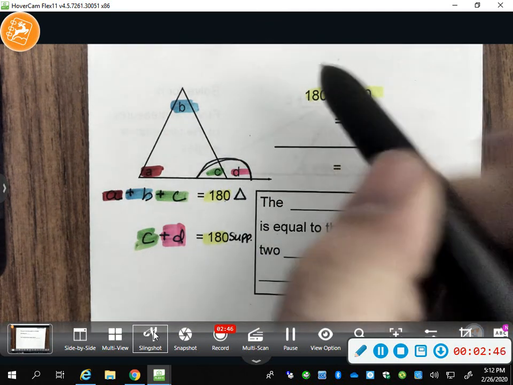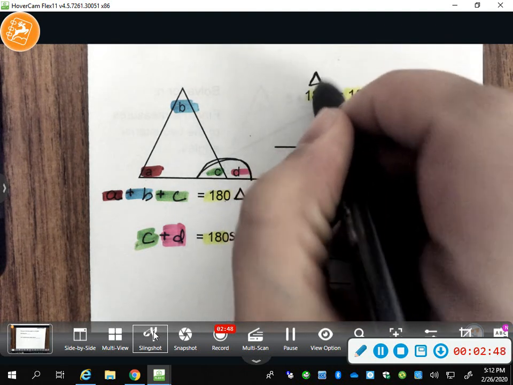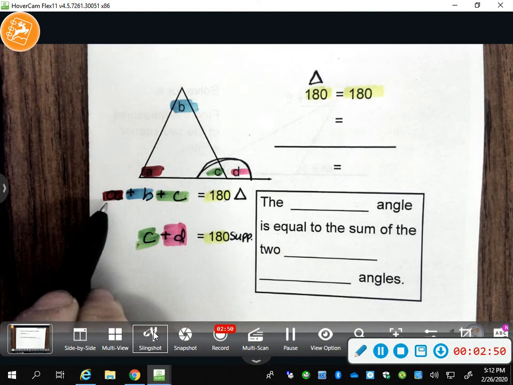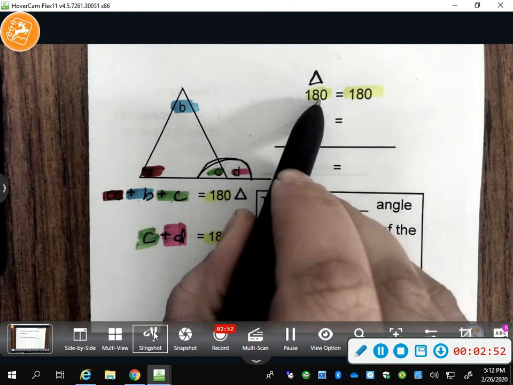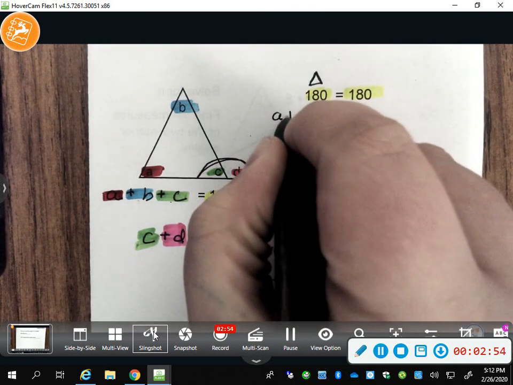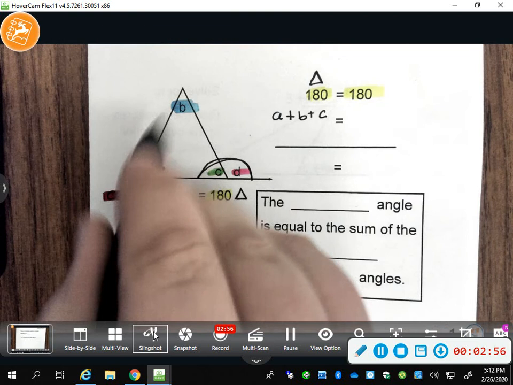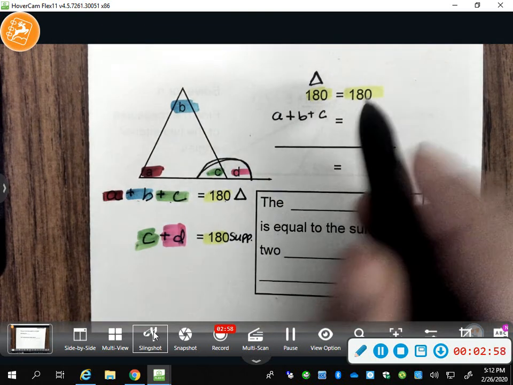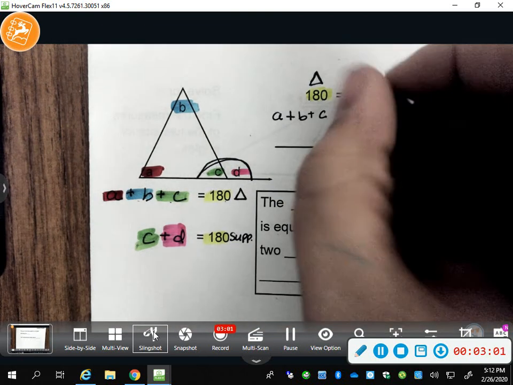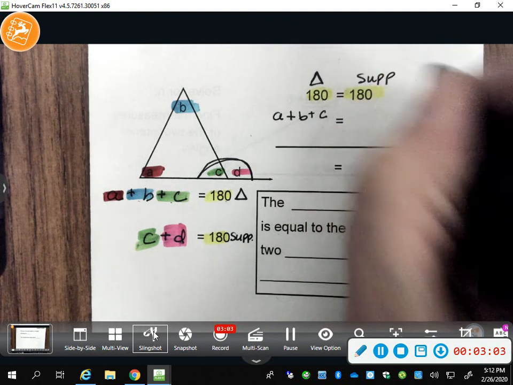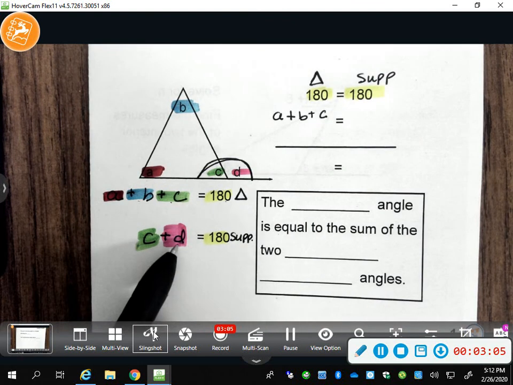We also know from the triangle's interior angles that A plus B plus C is 180 degrees in this example. From our supplementary angles, angles C and D, C plus D equals 180.